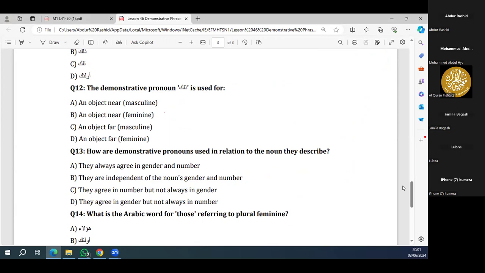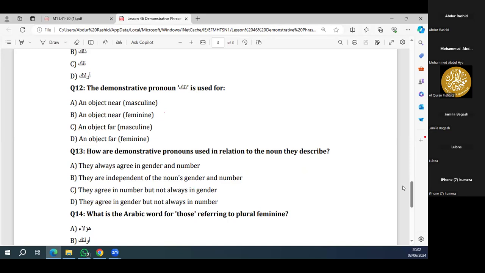So demonstrative pronoun dhalika is used for, okay, demonstrative pronoun dhalika. Yes, answer. Go quickly, please.